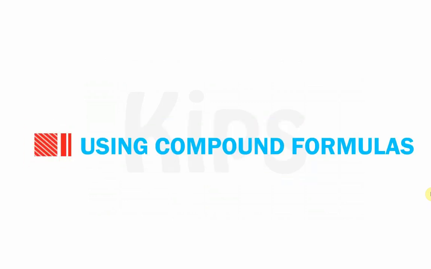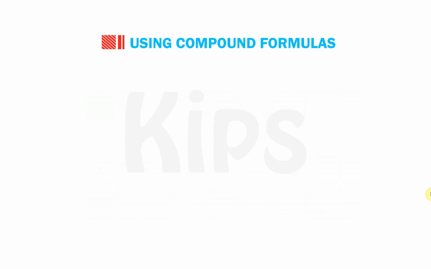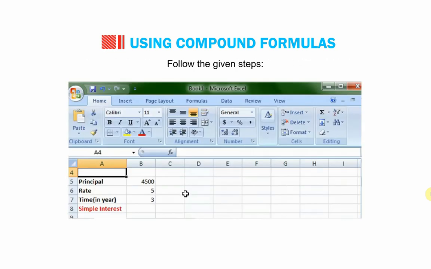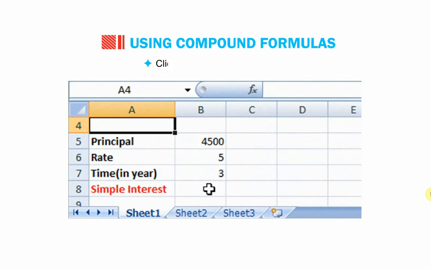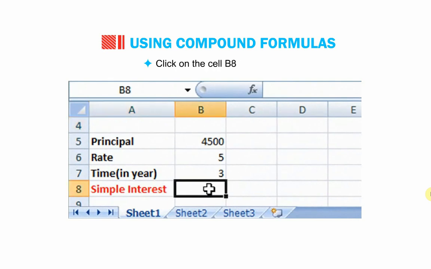Let us now learn how to use compound formulas. Compound formulas are used when you need more than one operator. Let us calculate simple interest using the formula P into R into T divided by 100. Follow the given steps. Click on the cell B8 and type equal to. Click on the cell B5.